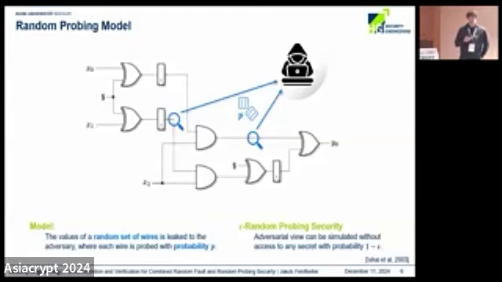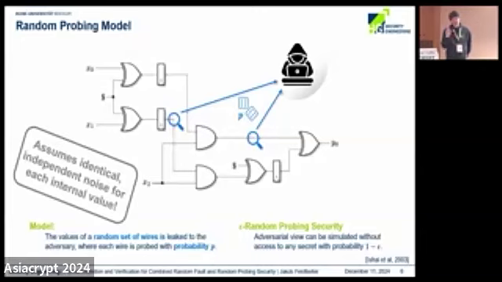This model is much more general, of course, however, it has the assumption that all the values have independent and identical noise in the background. And this is not really realistic, especially not for hardware security, where you have a lot of parallel computations.